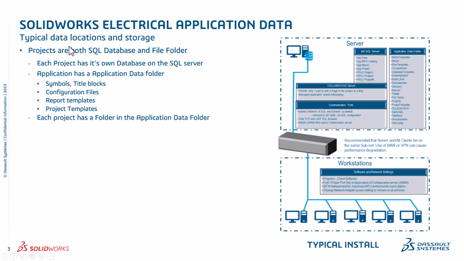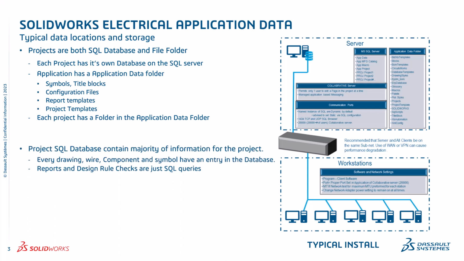So projects are both SQL-based and file folder information. Each project has its own database in the SQL Server. The application also has the application data folder, which I mentioned, which contains your symbols, your title blocks, your configuration files, your report templates, your project templates, and then each project also has a folder in the application data folder.